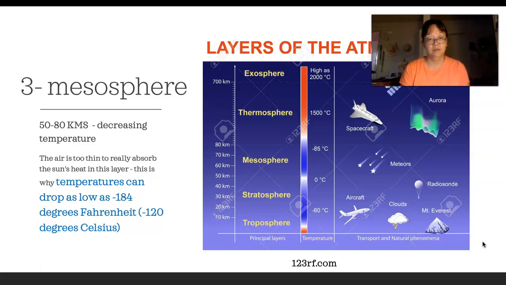Sometimes the temperature can drop as low as about minus 100 to minus 120 degrees Celsius. It's way below the freezing point. It's even below the point of frozen nitrogen. So it's cold.